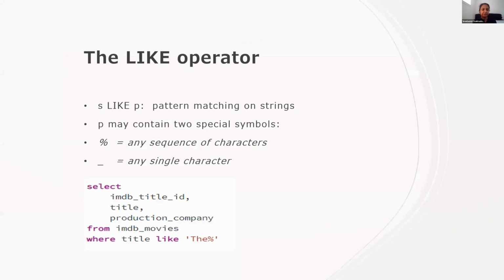This is the example. Now the like operator is also very crucial when you're dealing with a lot of text data. For example, if you need all the movie names whose title begins with the word The. This is the format that you can use.